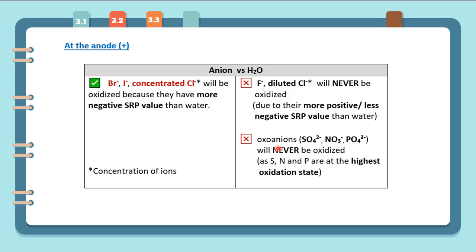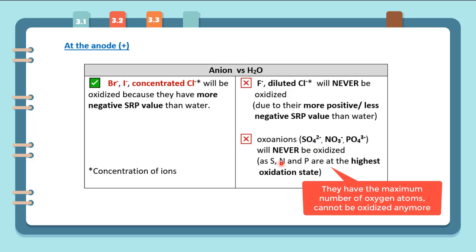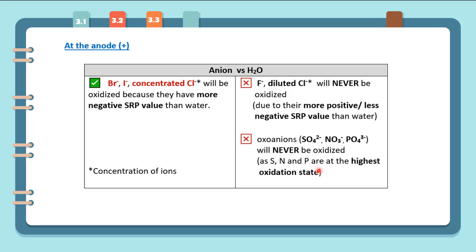Another one is over here, oxo anions, for example, SO4 2 minus, NO3 minus, PO4 3 minus. These oxo anions will also never be oxidized, because the central atoms, sulfur, nitrogen, phosphorus, are already at the highest oxidation state, so they cannot be oxidized further.